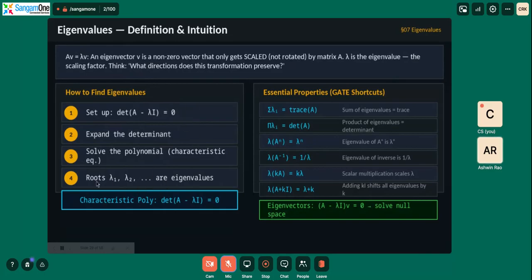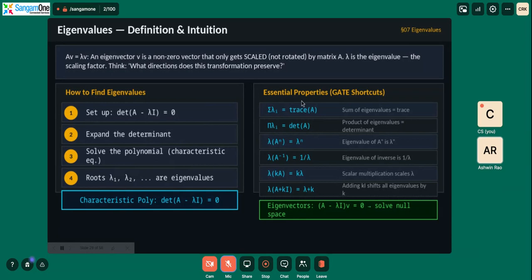Then comes the roots, which are the eigenvalues. Characteristic polynomial is determinant of A minus lambda I equal to 0. This condition you should remember. Identity matrix involves diagonal elements as 1, 1, 1, other elements as 0.